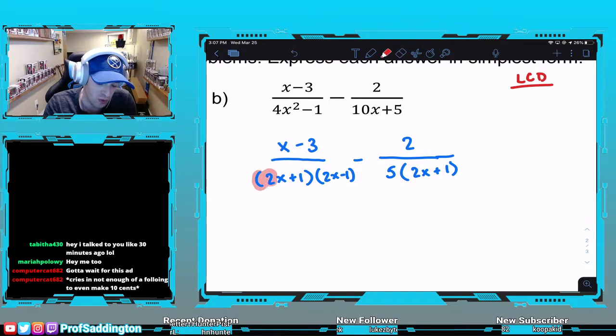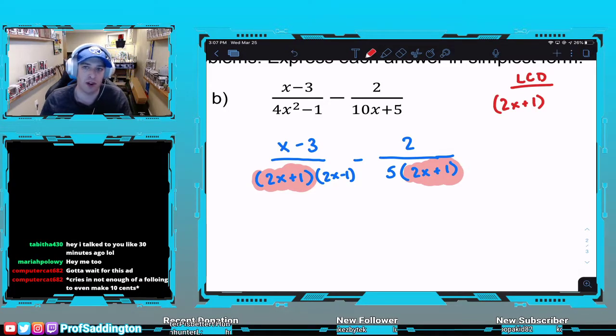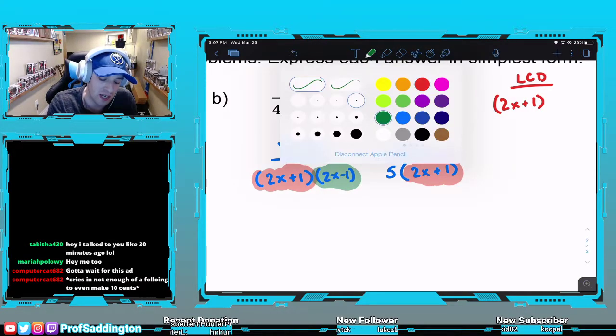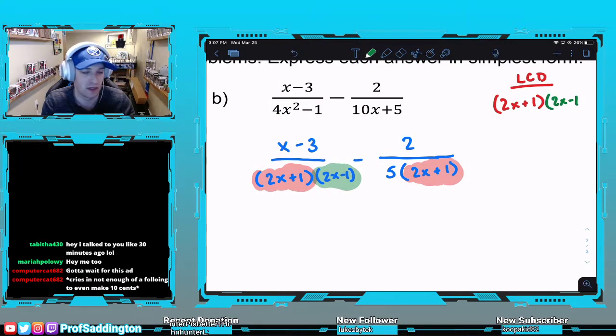Right now, we already have a 2x plus 1 in the denominators. So we know that a 2x plus 1 needs to be part of our LCD because they already match. Now we just have to find everything else that we need in the denominator to make it an LCD. In the left fraction, we have a 2x minus 1. So that means in our LCD, we have to have a 2x minus 1.